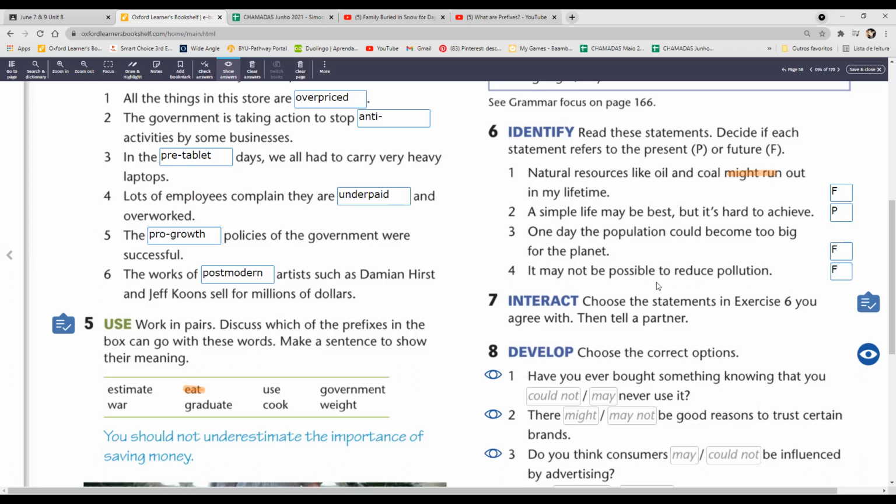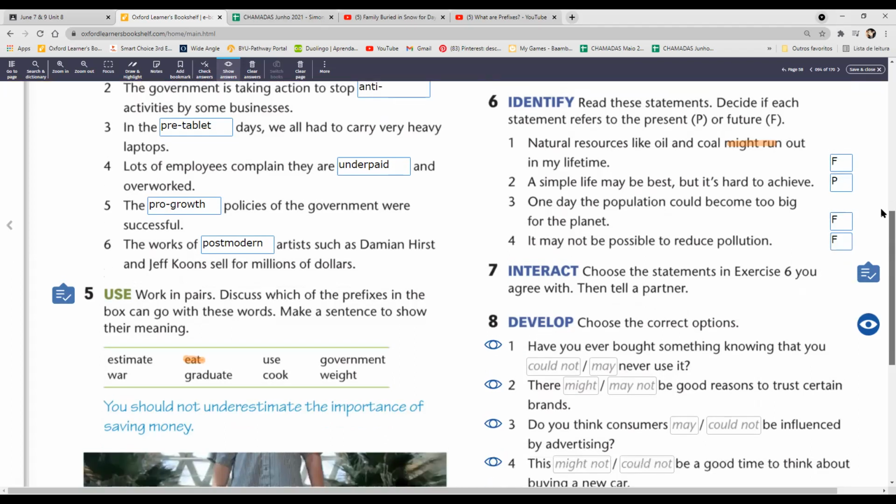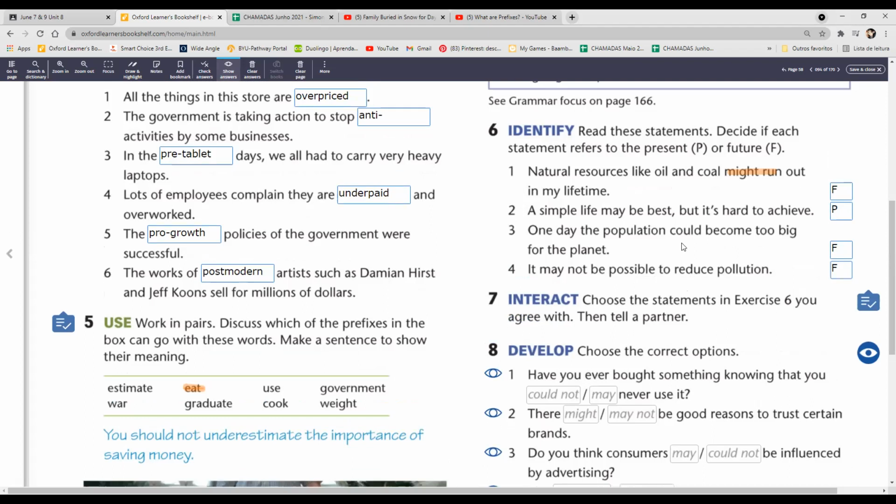So it may not be possible to reduce pollution now. So, of course, guys, you don't need to worry about. I thought it was future because of the may. I guess if it was present, it would be it is not possible to reduce pollution. Yes, very good, Mateus.